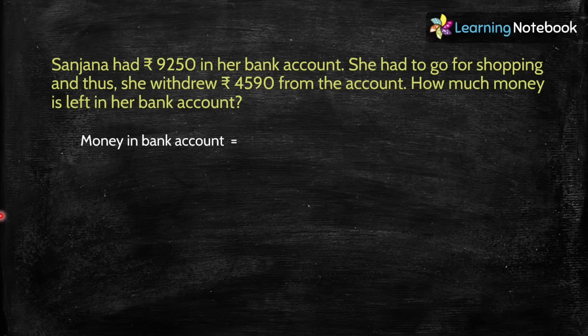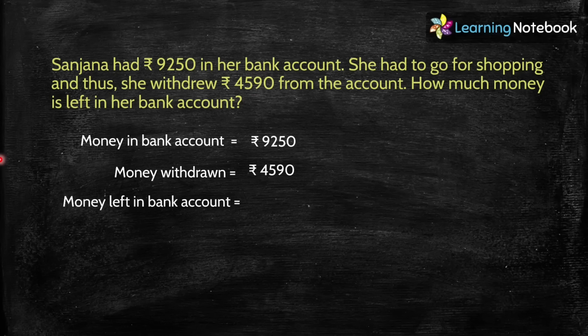Money in the bank account of Sanjana equals rupees 9250 and money withdrawn from the account equals 4590. Now to find the money left in the bank account, we will subtract these two numbers. So let's do it.